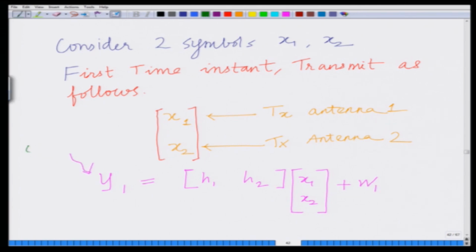This is the symbol received at transmit instant 1, or the first time period. So, y1 is the symbol received at the output of the first transmission period in this Alamouti coded MISO system.